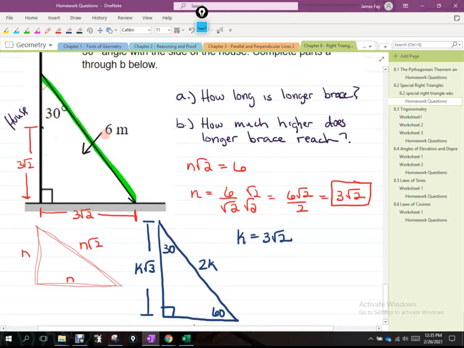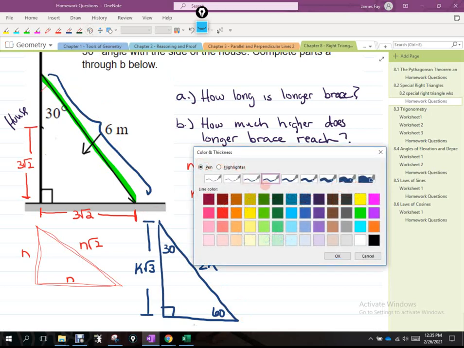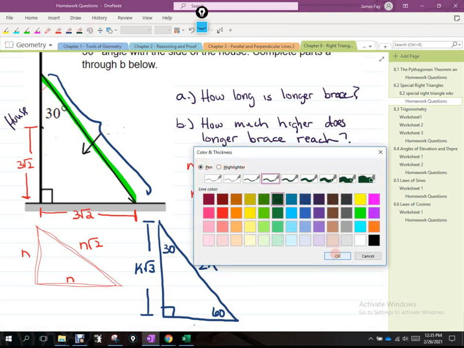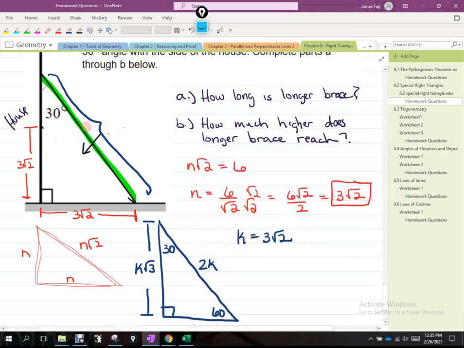So coming up to my picture, I'm going to do the 2K first. This would be this distance right there. The distance right there is going to be twice as big as that. So you guys agree that's 6 radical 2?